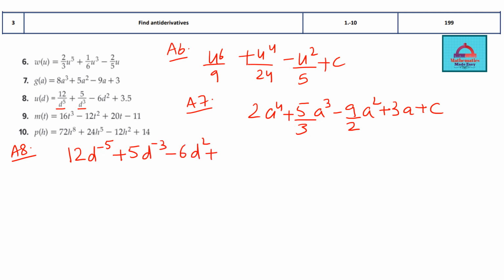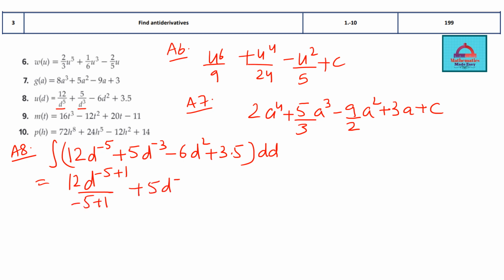So now when you apply power rule, the variable is d, so it will be dd, and this will come out to be 12d to the power minus 5 plus 1 over minus 5 plus 1 plus 5d to the power minus 3 plus 1 over minus 3 plus 1 minus 6d cube over 3 plus 3.5d, and finally the constant of integration.